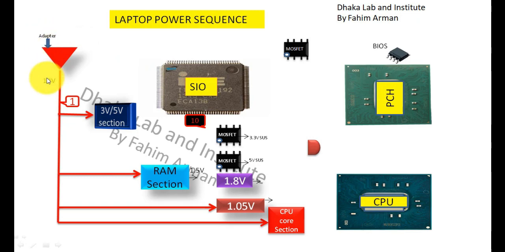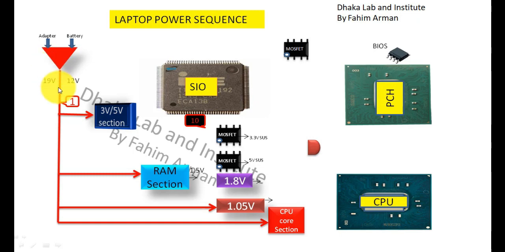First there will be 19 volt from the adapter, and if we don't plug in the adapter, then if we have a battery, battery voltage will pass to the whole motherboard. It depends. Today I will discuss with adapter voltage 19 volt. With that voltage we will discuss the whole process.